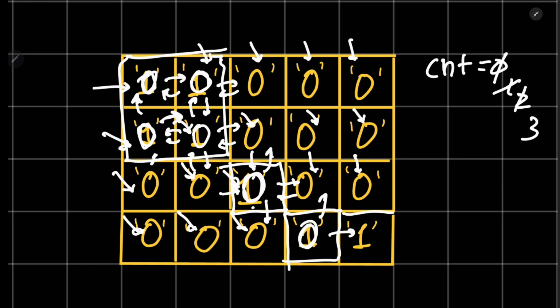So it will call DFS function over here now, and this will be flipped to 0, and then it will check all of its neighbors. So as we are now out of the matrix, we have considered all the ones and flipped and ignored the adjacent land to it. So our counter is 3, which is the required answer to this problem.